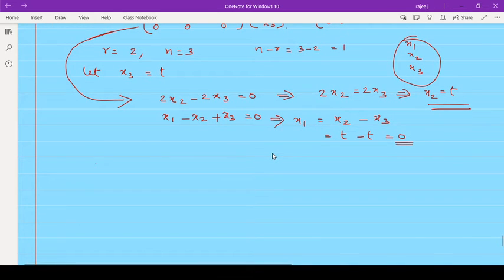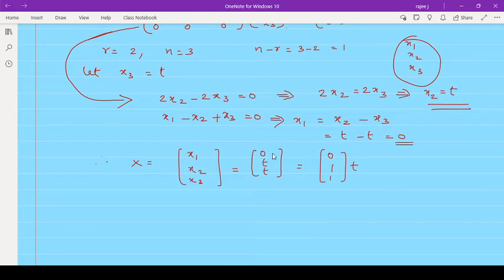Therefore vector x, the corresponding eigenvector, is x1, x2, x3, where x1 is 0, x2 is t and x3 is also t, or in short we can write this as 0, 1, 1 times t.